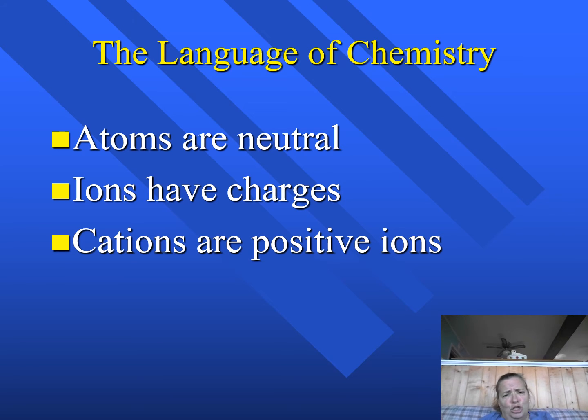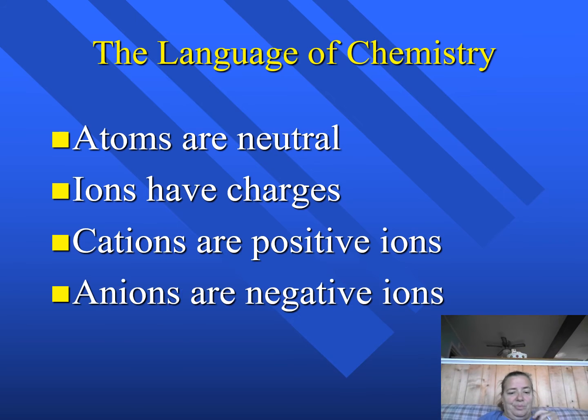Ha ha. Okay, so anyway, anions, a negative ion, anion. So that's how I remember that one. Although usually if I remember cations, then I know what the other one is.